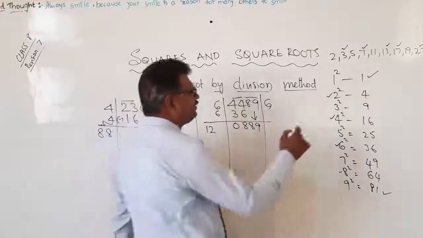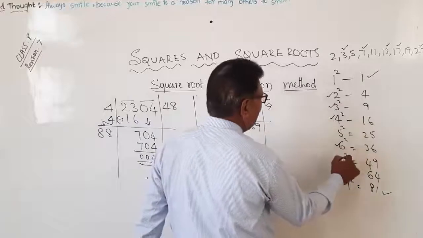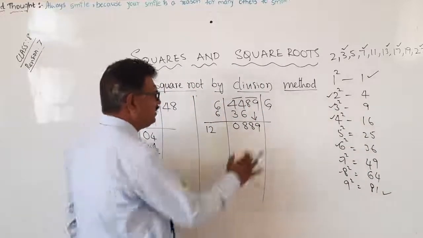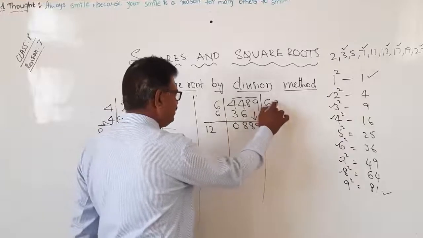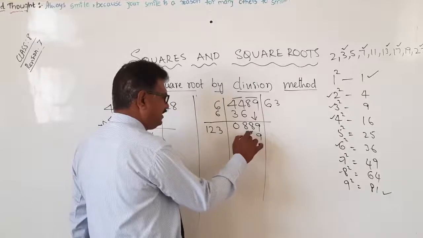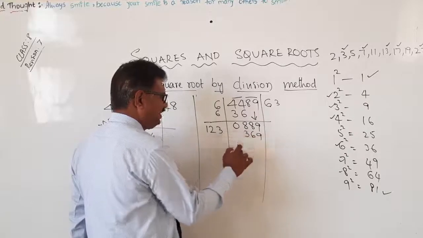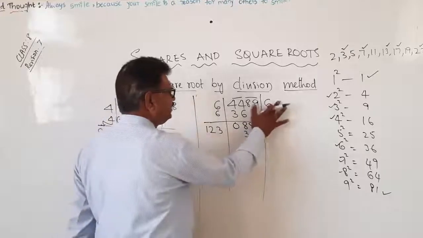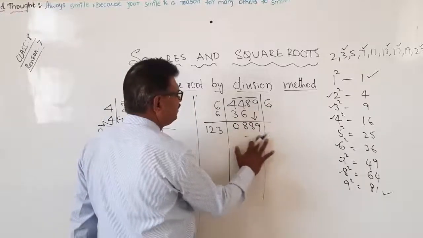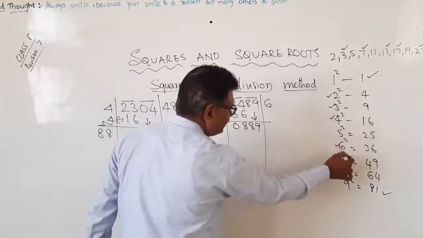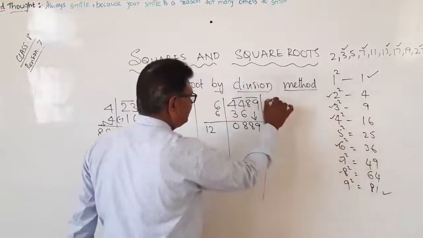9 is there means either it is 3 square or it is 7 square. Shall we see? Yes. First we will see with 3. Here also 3. 3 3s are 9, 3 2s are 6, 3 1s are 3. Is it correct? It is correct only, but this is less. Therefore, with 3 not possible. Therefore, which is next? 7. Therefore, take 7.